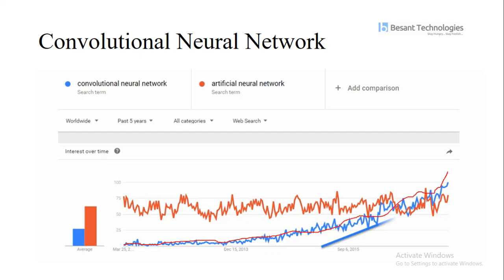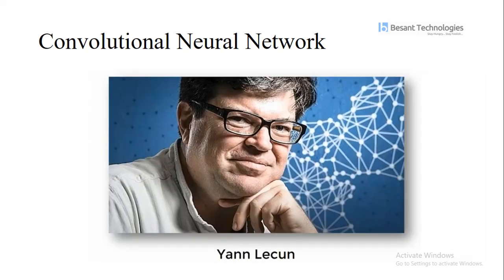It's now at a higher rate. This is the search result for ANN and this is the search result for CNN. The average for CNN keeps increasing. This is the person known as the godfather of neural networks, Yann LeCun. This person introduced this convolutional neural network.